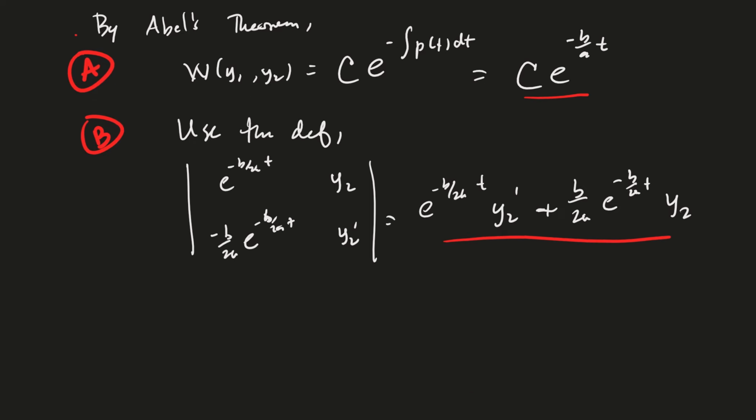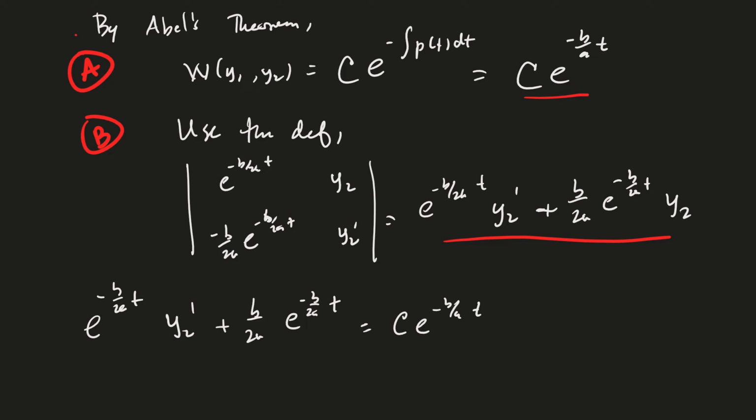in y2. So just to write that down, we'll have e to the minus b over 2a t y2' plus b over 2a e to the minus b over 2a t y2. Oops, that was just a, was that a 2a t? Yes, that was a 2a t. Because on the other side you have to be careful, right? Because that's not 2a in the denominator, that's just a single b over a times t. Good.